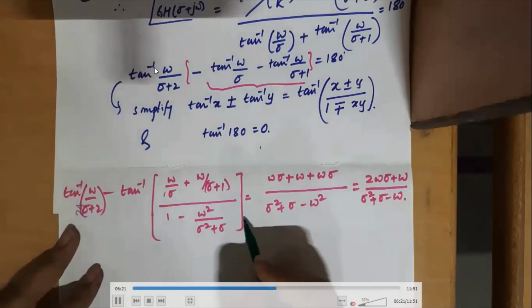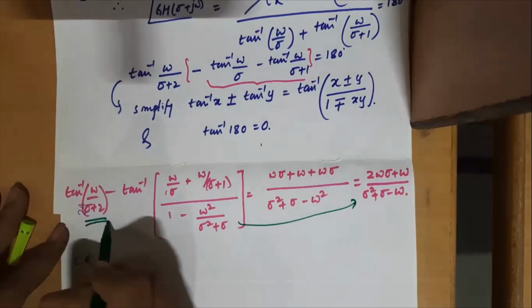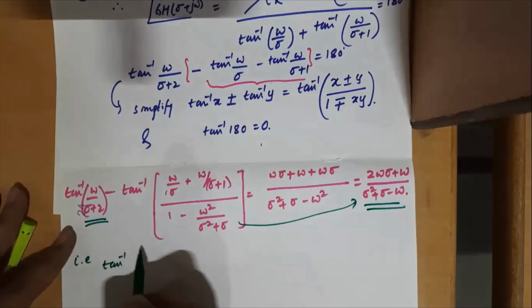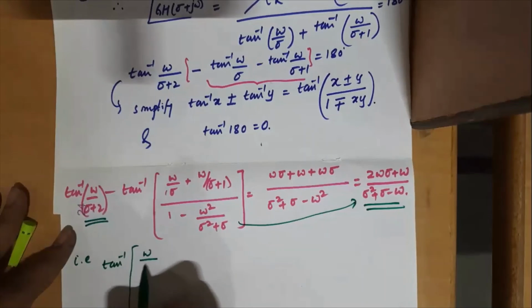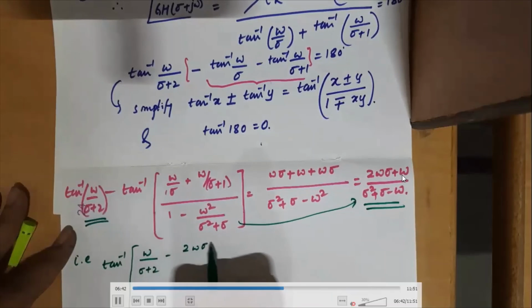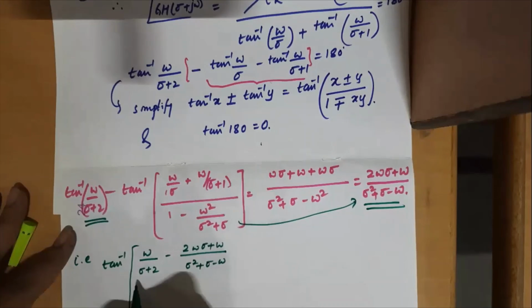So next I will add this term. So this is tan inverse minus tan inverse now. I will take this for a simplification. So this first term minus the second term, which is here. So look at the simplification.